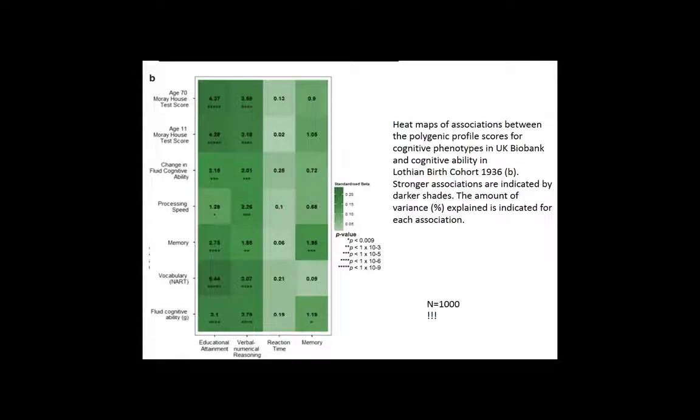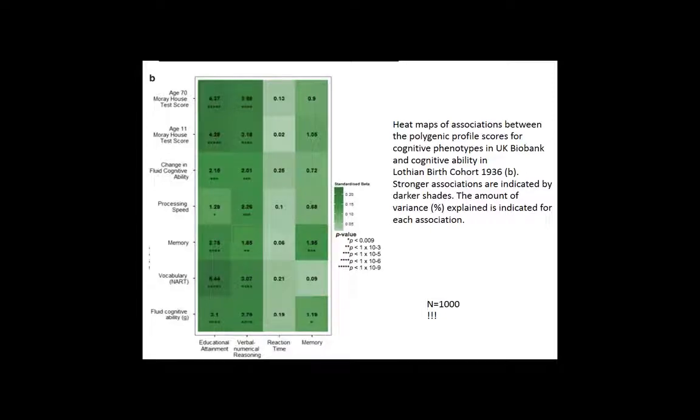So this is interesting because the sample size of the Lothian birth cohort is about 1,000 people. So now we're getting into the ADNI realm. So part of this big paper is documenting that their stuff is effective in predicting phenotypes in a well-characterized sample. Substitute the word ADNI for Lothian birth cohort, and we're kind of getting into the right size.